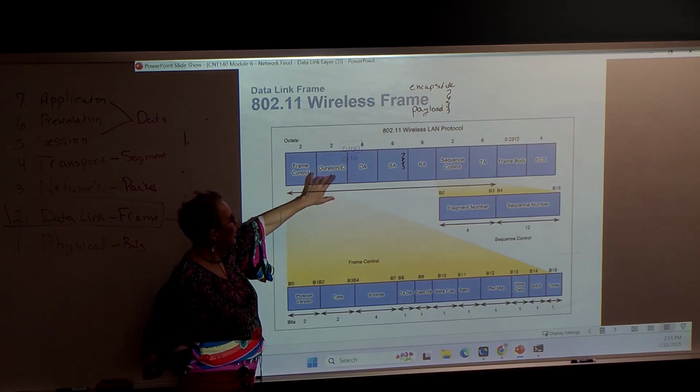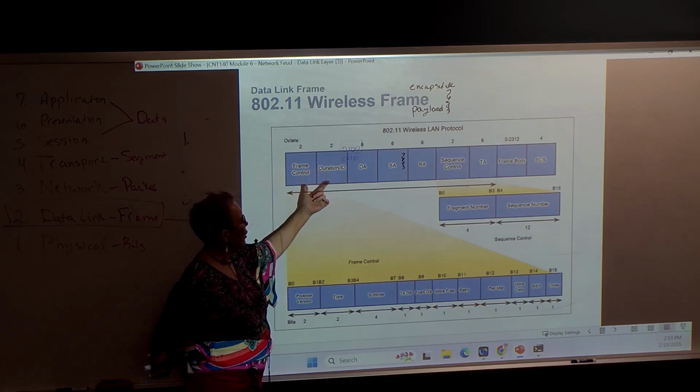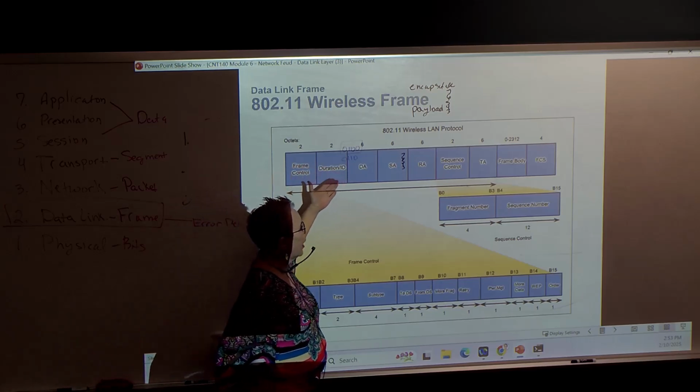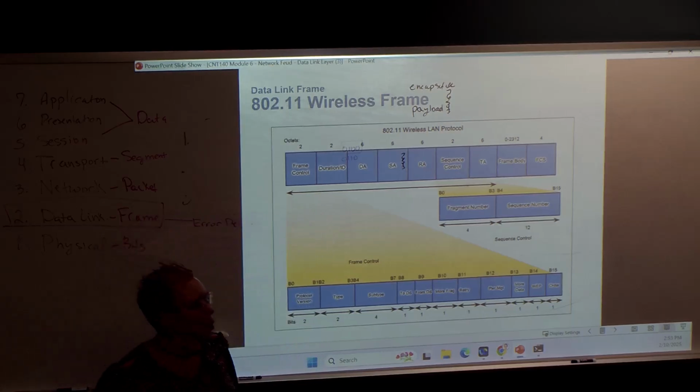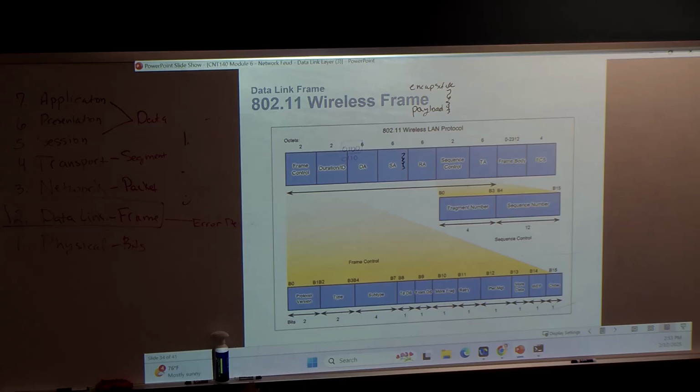A duration ID, if you see a duration ID inside the frame, what that's telling you is that is on wireless. And the reason is because of CSMA/CA, collision avoidance. The way that wireless works is it will be like, okay, hey, I need to get on the wireless media for 3 milliseconds.